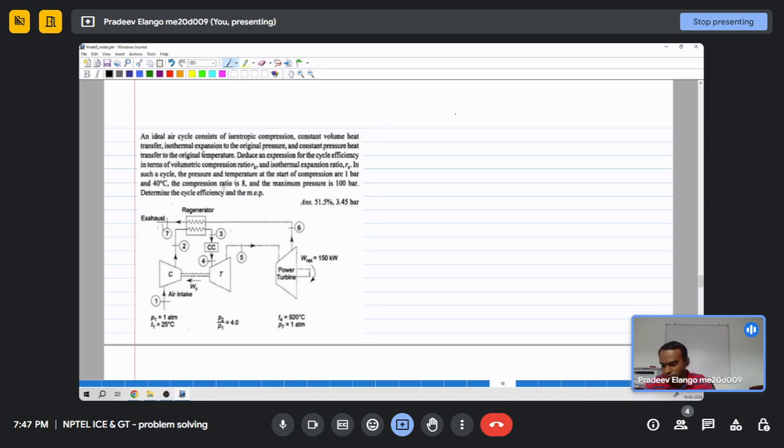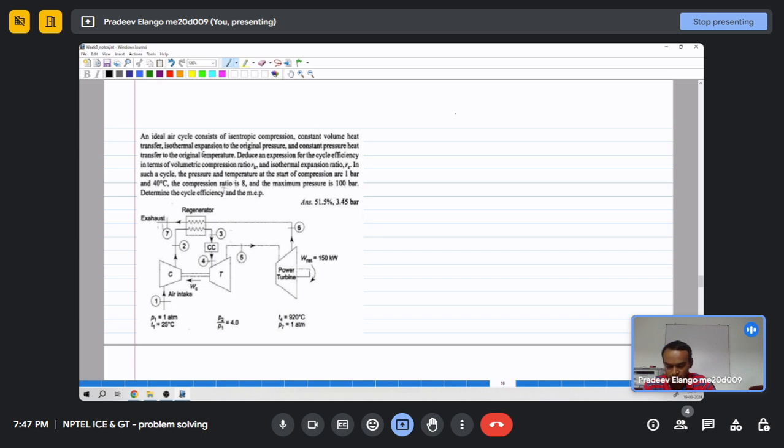So the next problem: we have an ideal air cycle consisting of an isentropic compression, constant volume heat addition, isothermal expansion to the original pressure, and constant pressure heat transfer to the original temperature.